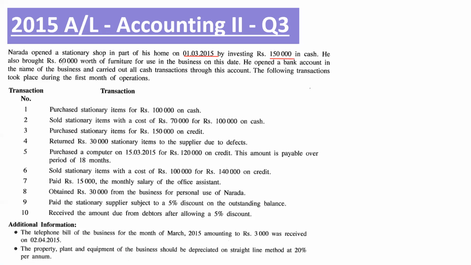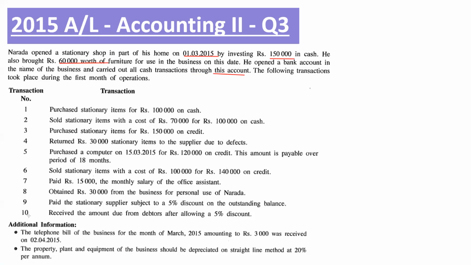He also bought 60,000 worth of furniture for use in the business on this date. He opened a bank account in the name of the business and carried out all cash transactions through this account. The following transactions took place during the first month of operations.